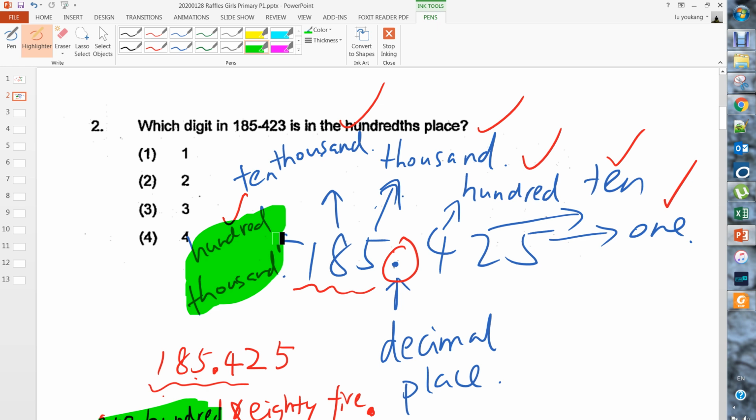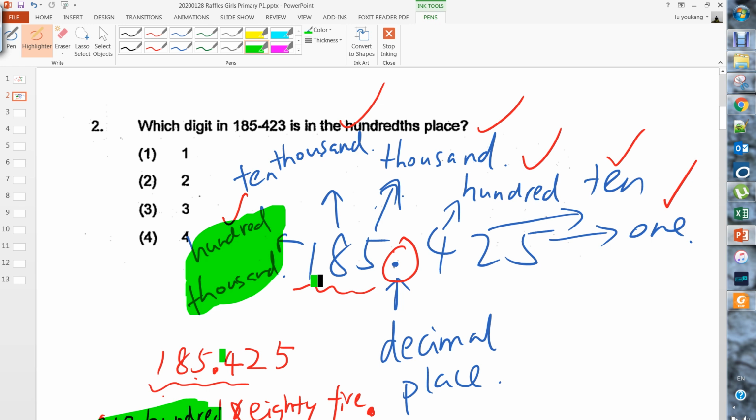So you said this is 100,000, but then I ask you, what is this entire number? This entire number is only 100 something, right? And then how can this position be 100,000?